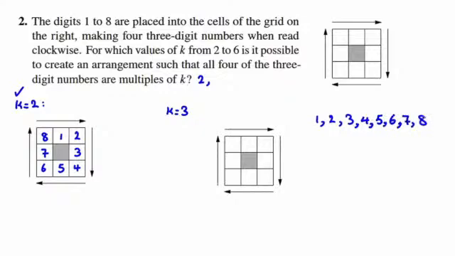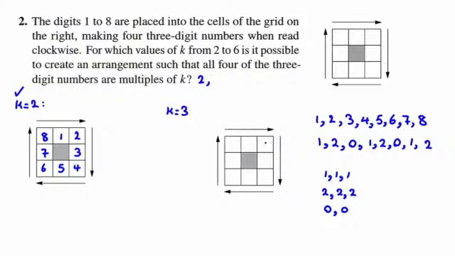If you consider these numbers mod 3, or if you don't know modulo, the remainder when divided by 3, it is 1, 2, 0, 1, 2, 0, 1, 2. So we have 3 ones, 3 twos, 2 zeros.